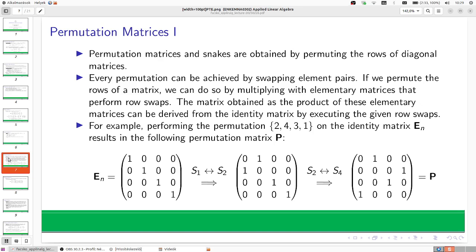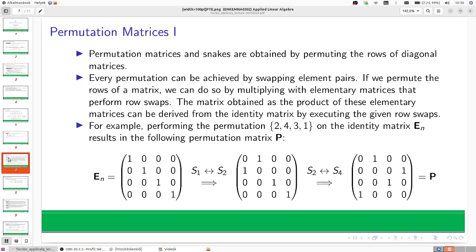permutation, 2, 4, 3, 1, can be reached by switching twice: the first and second, and the second and fourth rows. So the start here is the identity matrix.